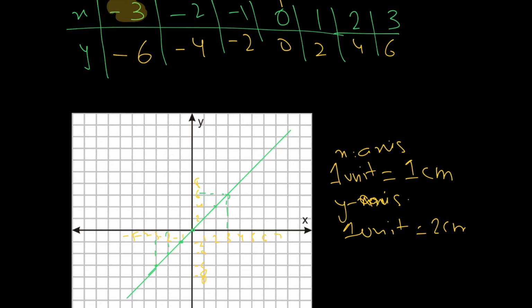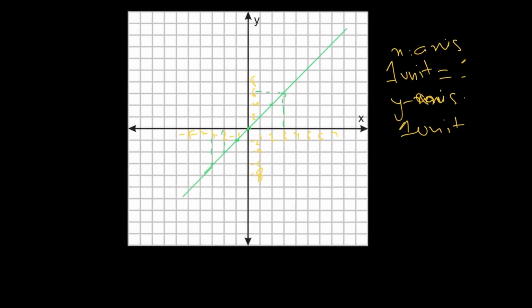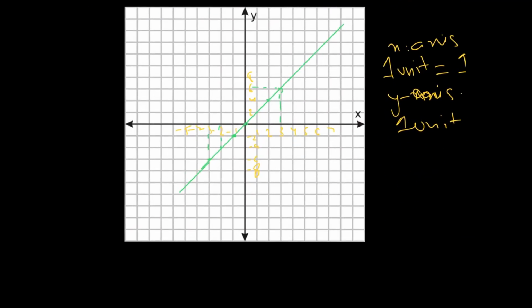In linear graphs, we always get a line. So a line like this, or a straight line a little bit lower than that, something like this. So basically we will always get a line whenever we draw a linear graph. We can also get a straight horizontal line and a vertical one too.